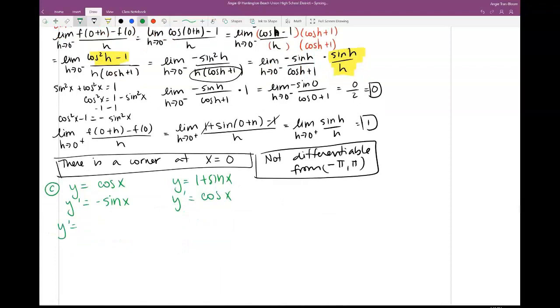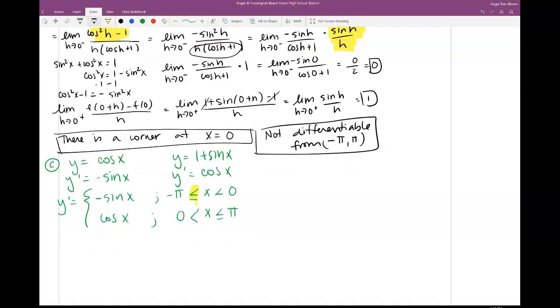So y prime is piecewise: negative sine of x, where x is from negative pi all the way to 0. And again, this one is inclusive because the left-hand derivative does exist at that point. And now I'm going to write cosine of x, and this is from 0 all the way to, including, pi, okay?